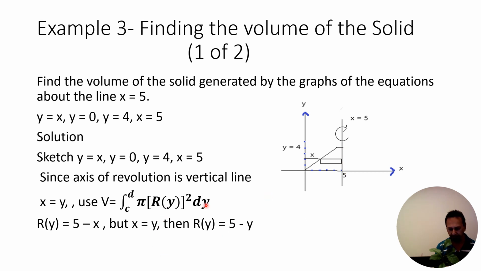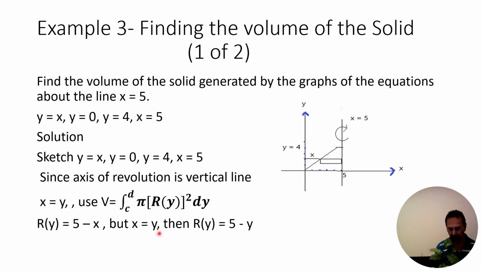And for r(y), we're going to use the length of this rectangle. So this is R, from here to here is 5, and from here to here is x. So r(y) would be 5 minus x.